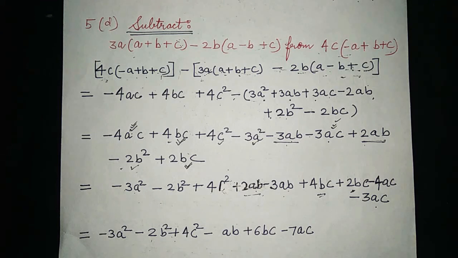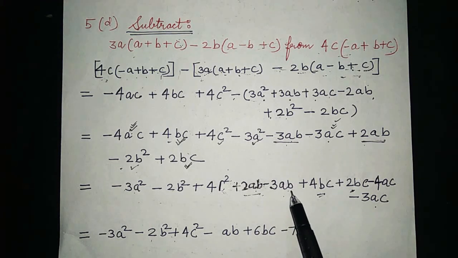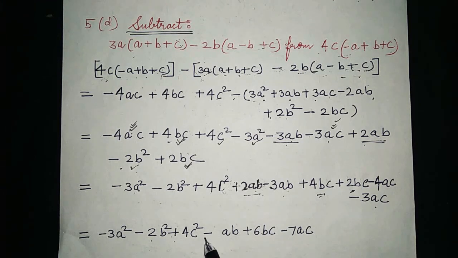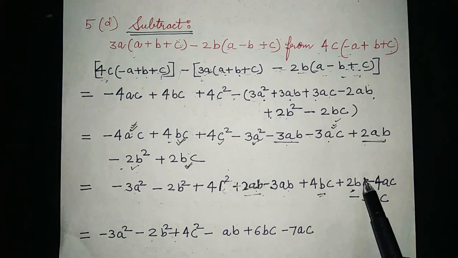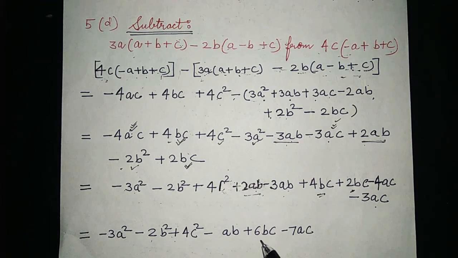You know that like terms we can add, we can subtract. So 2ab minus 3ab, what will come? Minus ab. Now 4bc plus 2bc, what will come? Plus 6bc.